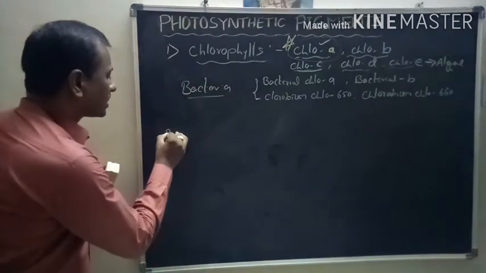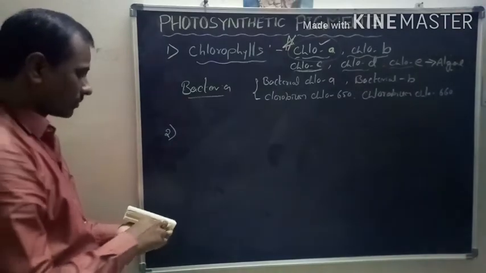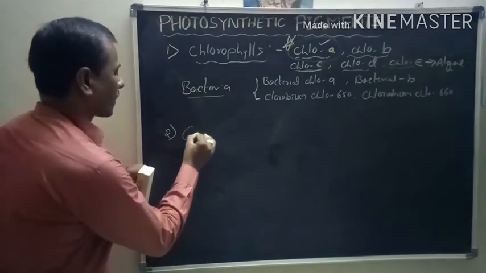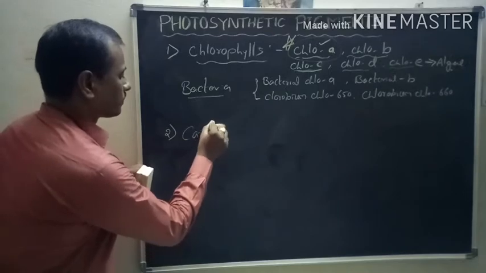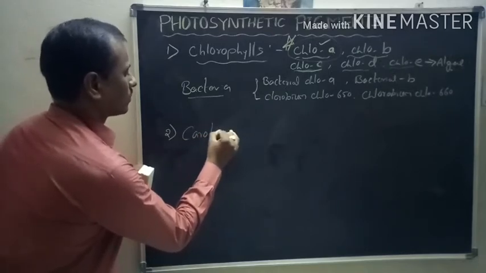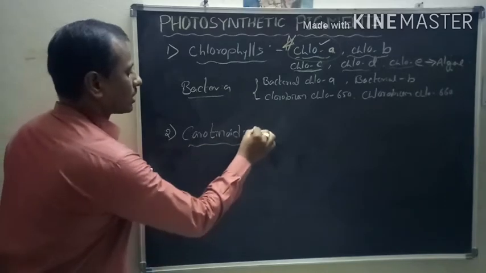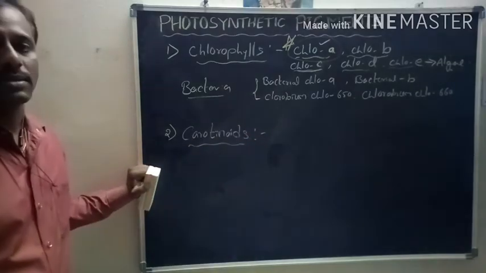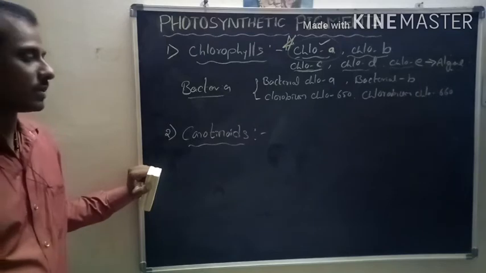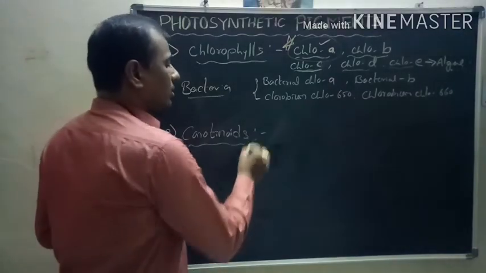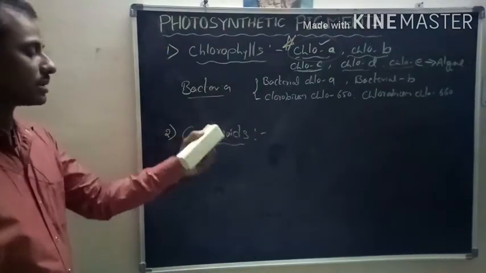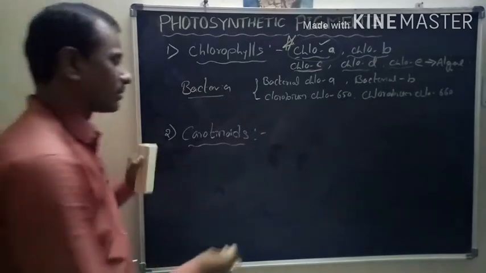Then the second one is carotenoids. Carotenoids are the second type of pigments. These carotenoids are further divided into 2 types.